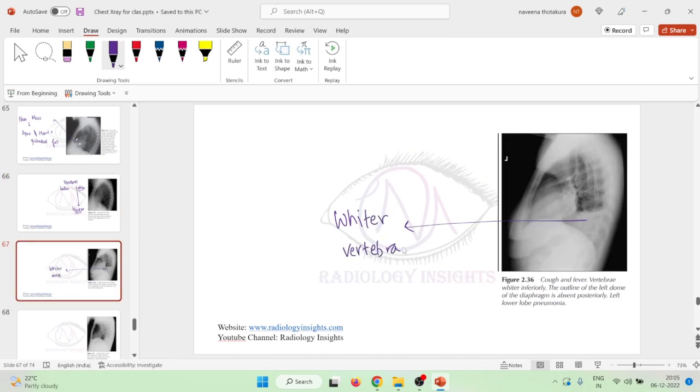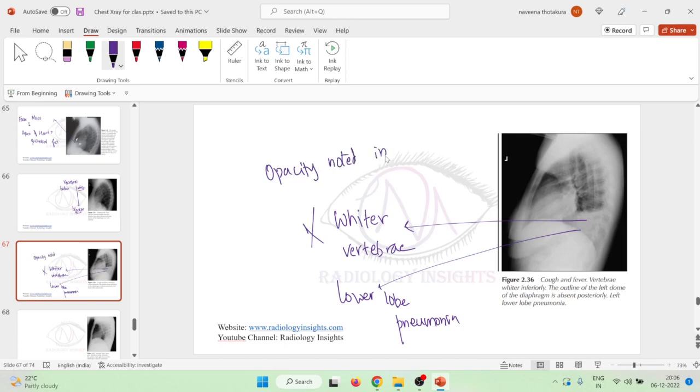Because this is actually a lower lobe pneumonia. So these are not white vertebrae, but this is actually an opacity noted in the left lower lobe, resulting in left lower lobe pneumonia.